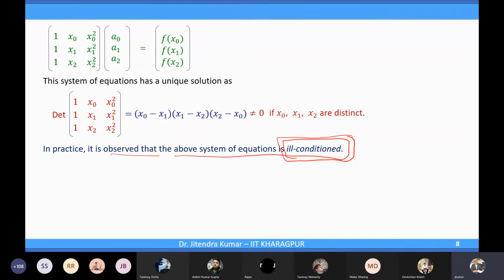Even with Gauss elimination or any other iterative methods, they are very sensitive to the parameters.